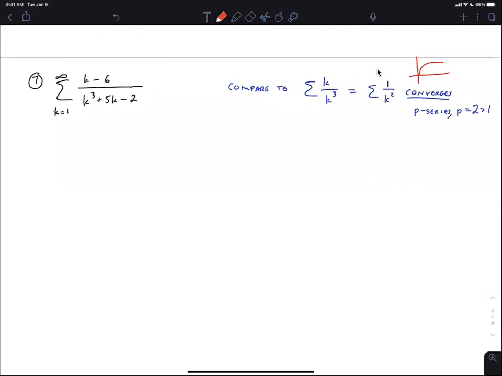So then for our logic that we were talking about a minute ago to work, would we like the original series to be smaller than this one, or would we like it to be larger than this one? Smaller. We want it to be smaller. Is it smaller? This is weird to think through, so everybody look at the two fractions for a second.